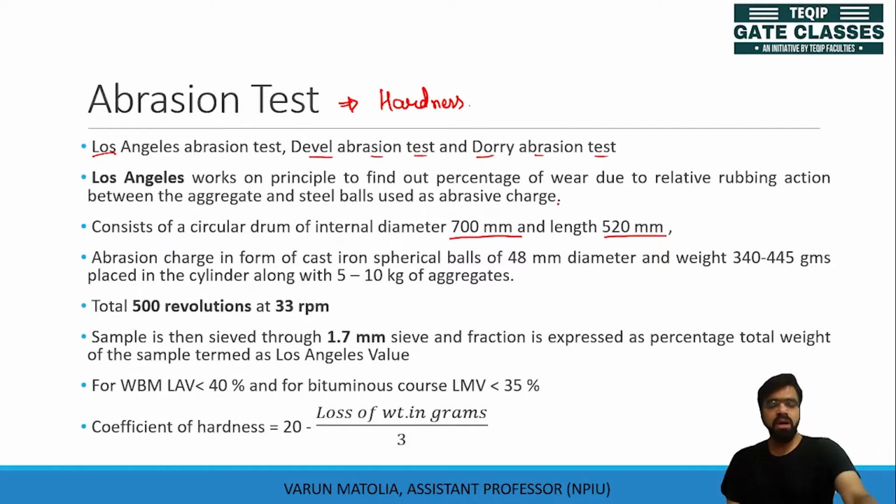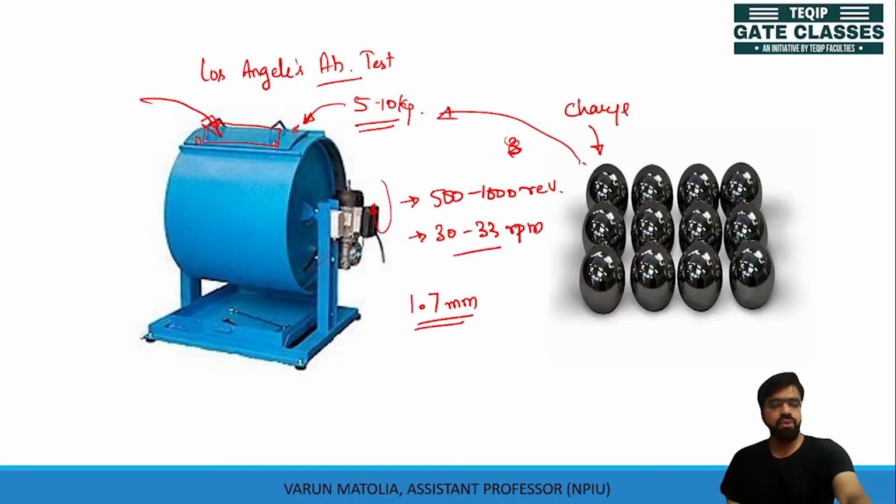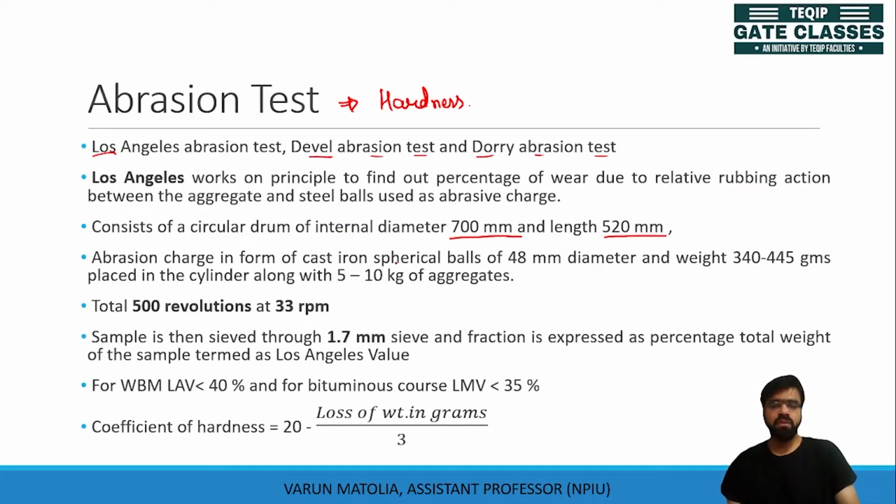A spherical ball, which we have seen here and which is known as charge, is made up of cast iron, has a diameter of around 48 mm, and a weight of around 340 to 445 grams. It is placed with the aggregates into the drum. Then 500 revolutions at 33 rpm are applied.